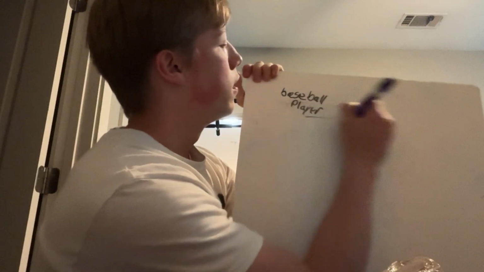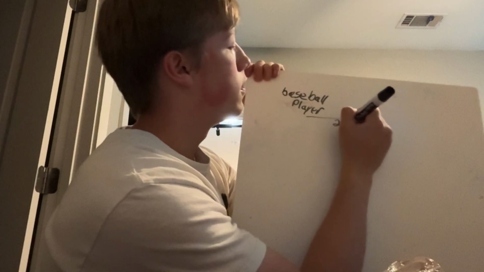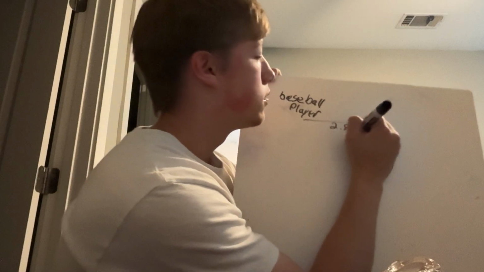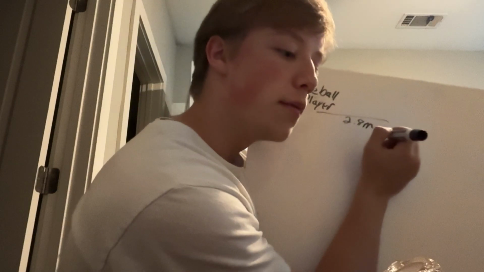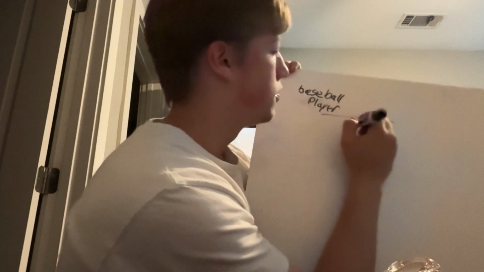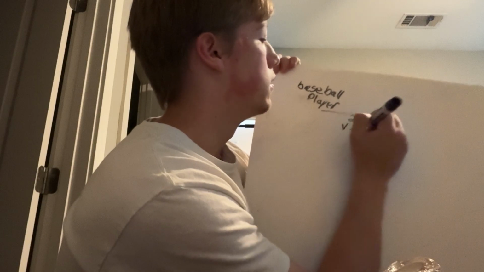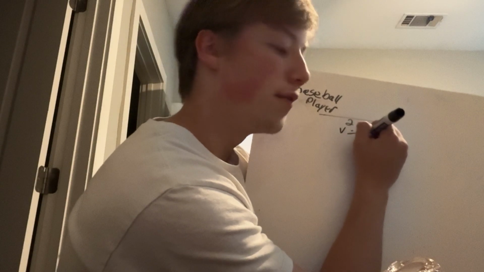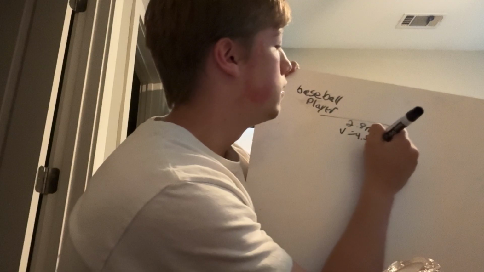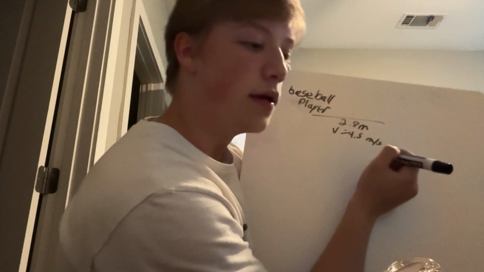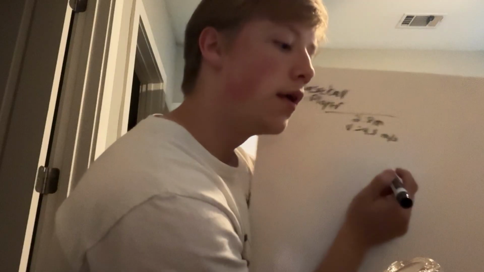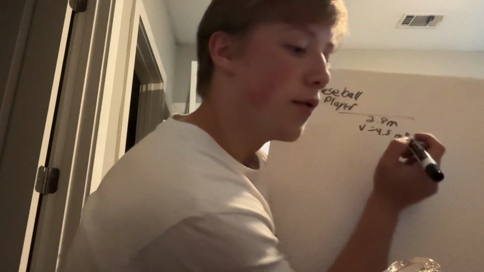A baseball player is 2.8 meters away from home base, and he's traveling at a velocity of 4.5 meters per second. His coefficient of kinetic friction, the good one, between the player's clothes and the ground, they wrote N, not is.